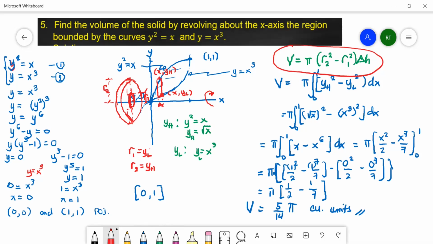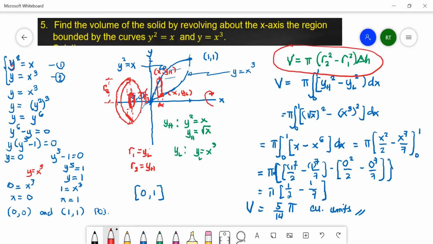Okay, so to recap, in the first method, the disk method, we use the disk method if the region R touches the axis of revolution, meaning the axis of revolution forms part of the boundary of the region, and the element is perpendicular to the axis of revolution, thus touching the axis of revolution.